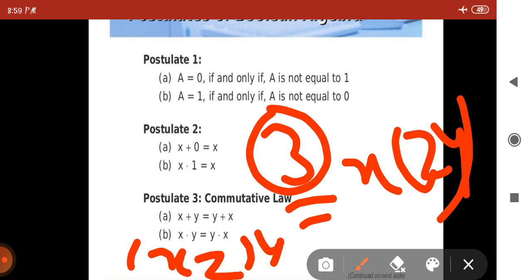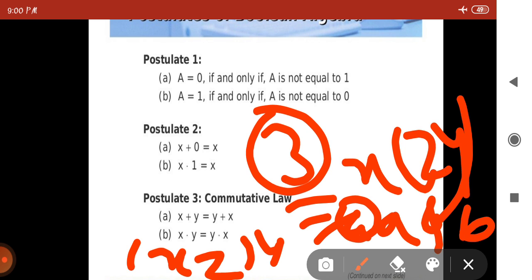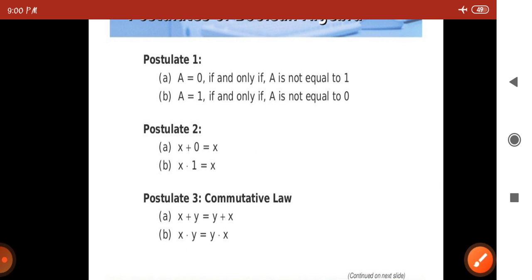The third and fourth ones are none. They will give that. Which one is the fourth condition, they will give A and B. Which one is the answer? The answer is A and B. These kinds of multiple choice questions they may ask in your examinations, right?